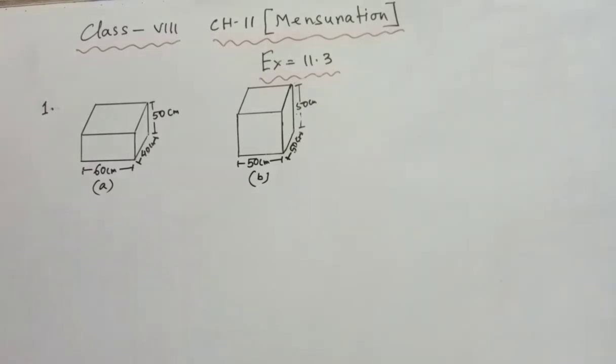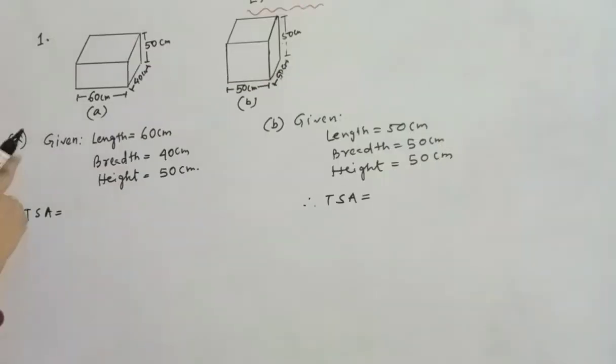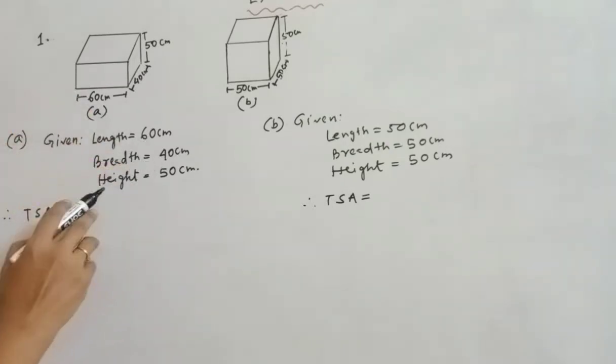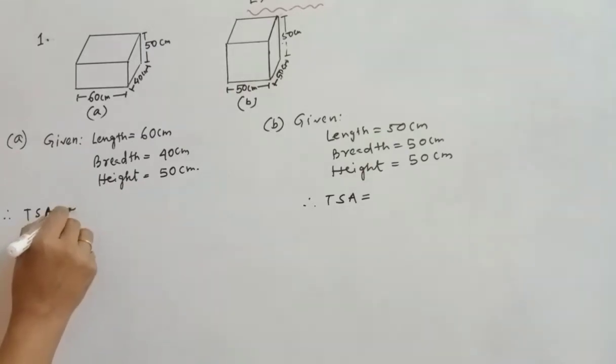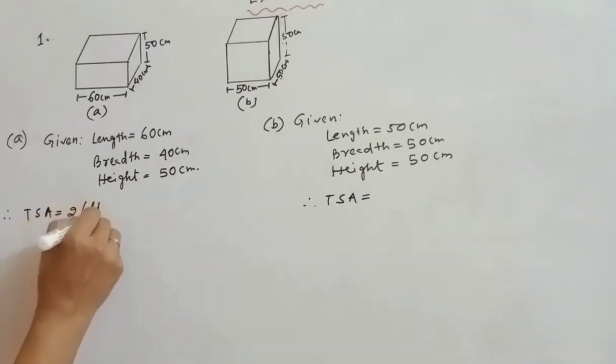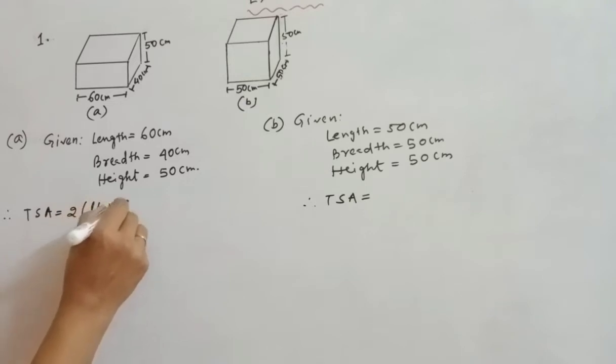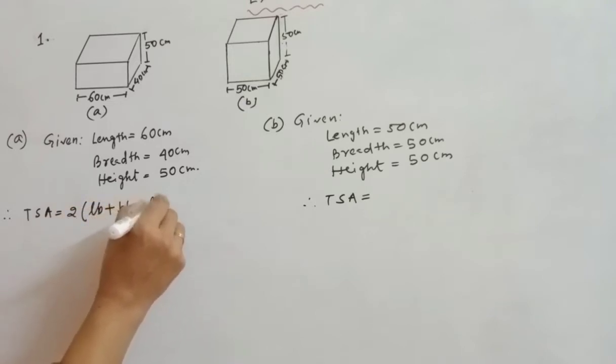So to find the total surface area, we will declare the length, breadth, and height of the two boxes. Now for figure A, given that length is 60 centimeter, breadth 40 centimeter, height 50 centimeter. So TSA, total surface area, you know the formula, 2 into LB plus BH plus LH.